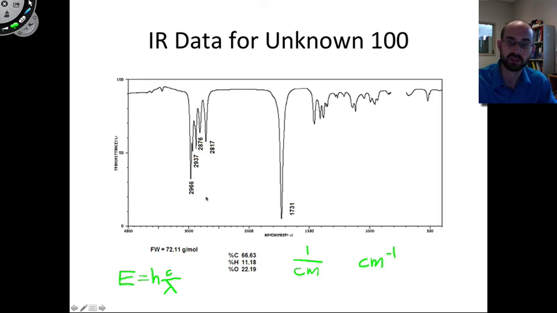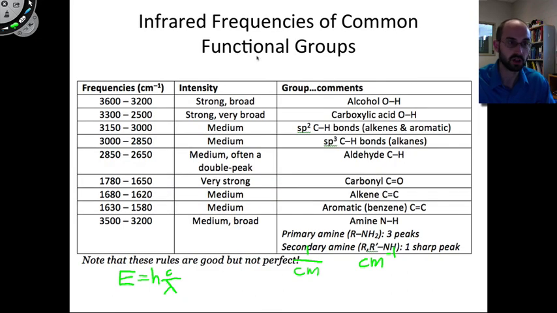So every functional group has its own signature of what wavelengths it corresponds to. Tomorrow in class, I'll be giving out this sheet on a handout, but this is not something you need to memorize. You can put this on a note card for the exam, but it's a good thing to start learning some of these.